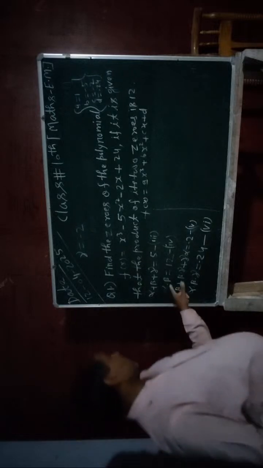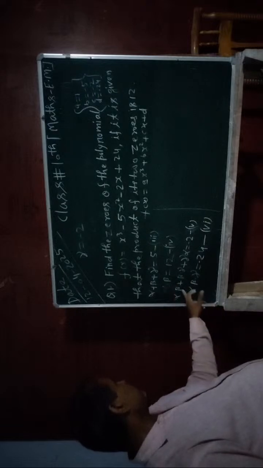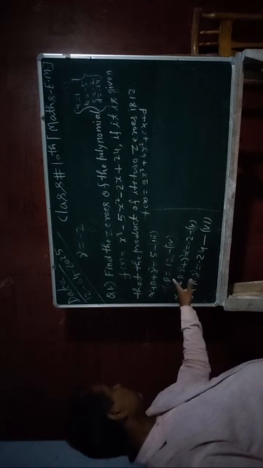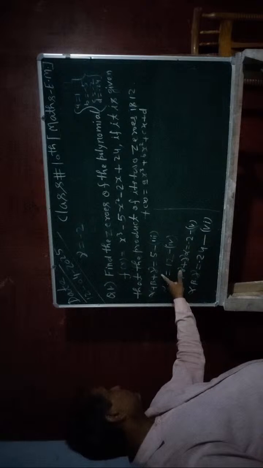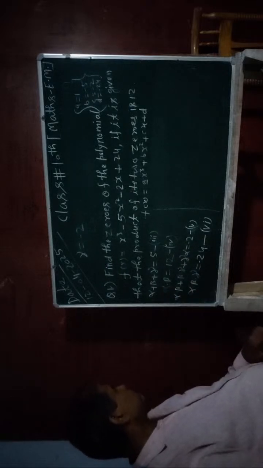Now I will put further the value of alpha and beta. So I have got the value of gamma. So I will put the value of gamma here, and alpha beta is there.